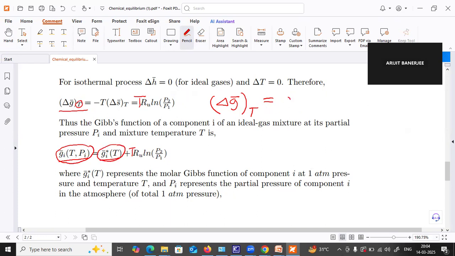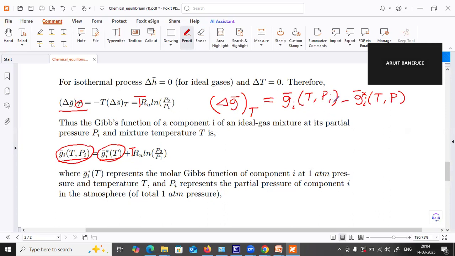So this is equal to G_i bar at T and P_i minus G_i star bar at T and P, as if this P is known and P_i is unknown.